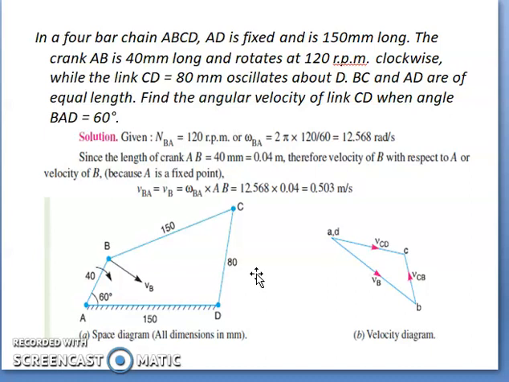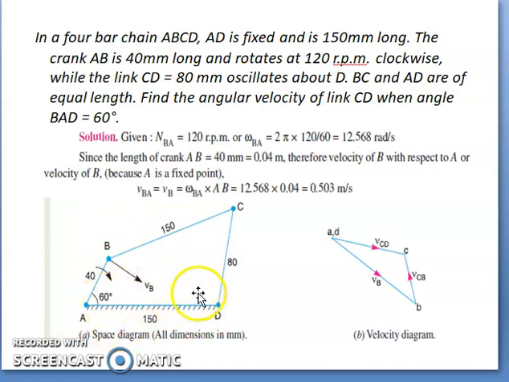You have to find out the angular velocity of CD when the angle BAD is 60 degrees. First you have to draw the space diagram with the given data.